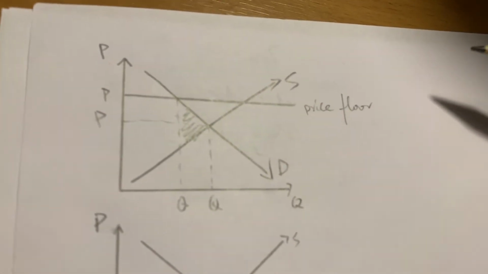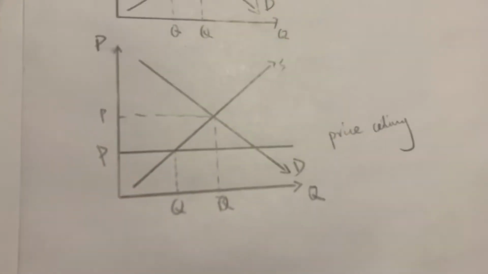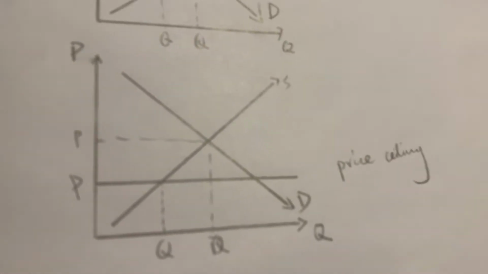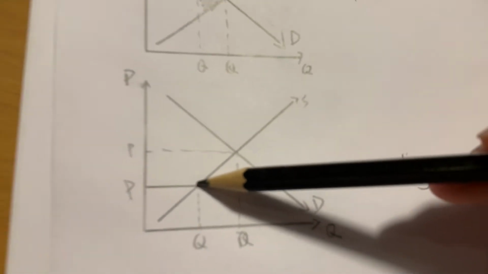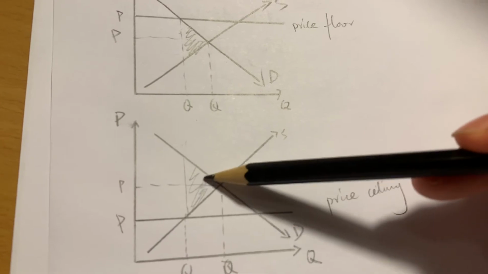And this is a price floor which is above the equilibrium, and now it's the price ceiling which is below the equilibrium, and also it only happens trade here, and the rest part of the trade doesn't really happen.